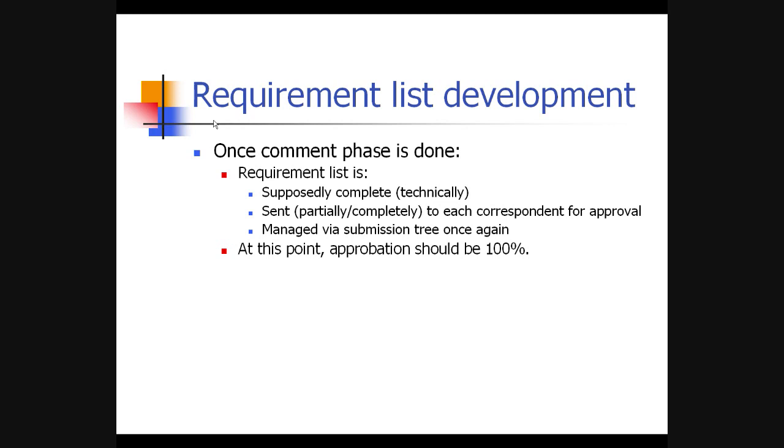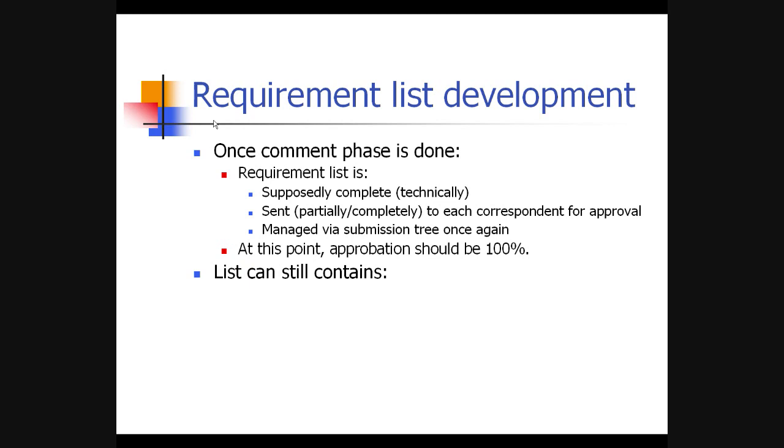If not, you start again with the several phases on the points that just popped up. You don't have to go through everything again, but perhaps this point is going to change other points, and you're again going to do that till you have this approbation at 100%.